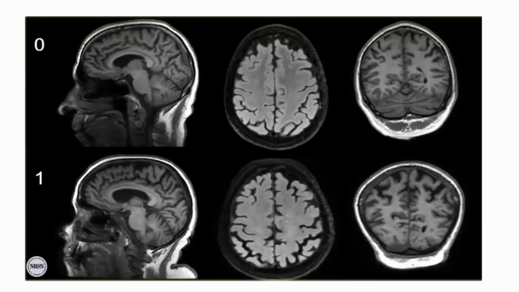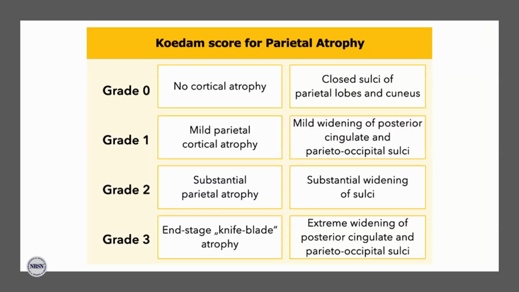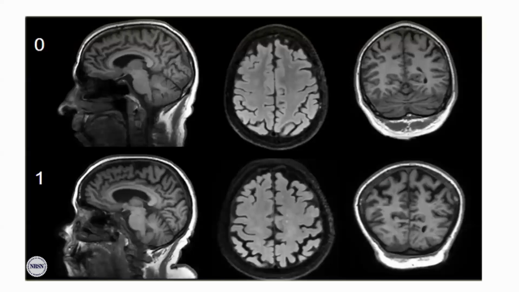Now, the top images here are sagittal T1, axial FLAIR, and coronal T1 images in that order. So a score of 0 for Koedam based on parietal atrophy, as we have seen, is where there's really no atrophy that can be seen. Now, the idea of this Koedam is that it is the highest score for each of these images that is given as the overall score for the Koedam in any plane.